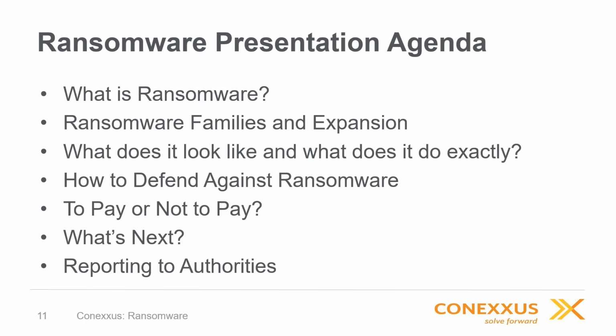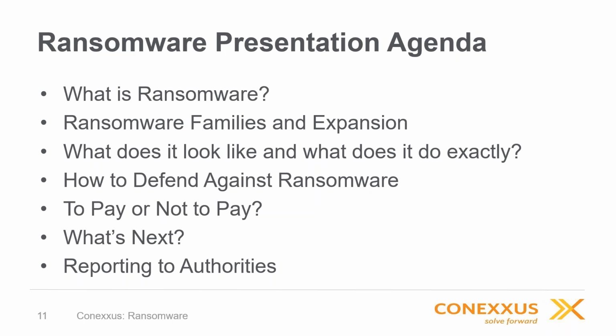So here's what we're going to talk about today. We're going to talk about what is ransomware, the families of ransomware and the expansion in those families as of late. What exactly does it look like on your systems? What does it do exactly to your systems, and how you can help identify which ransomware has attacked you.